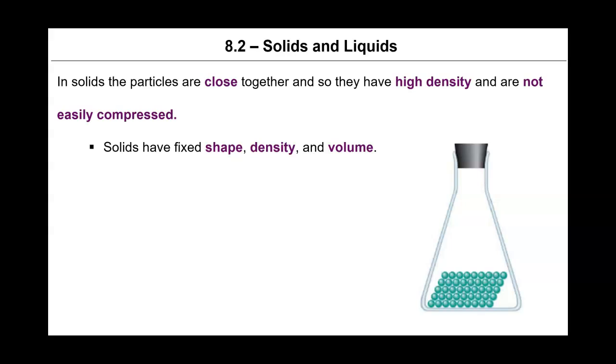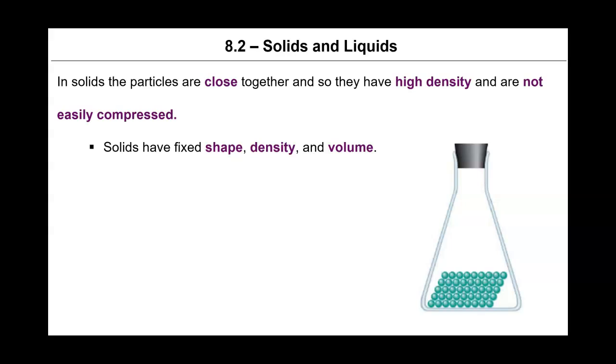In a solid, the particles that make up the sample of matter are very close to one another and most commonly in a very orderly arrangement. This gives rise to a high density and also means that solids are not easily compressed because there just isn't a lot of space between the particles. Solids have a shape, density, and volume that is fixed.